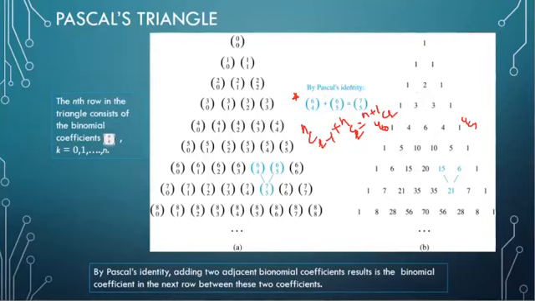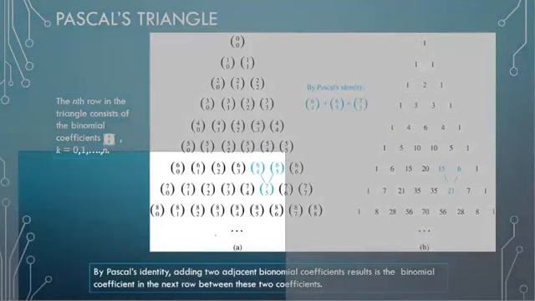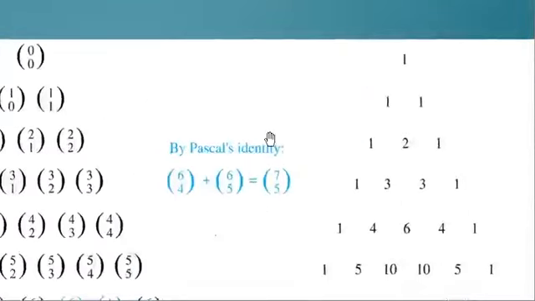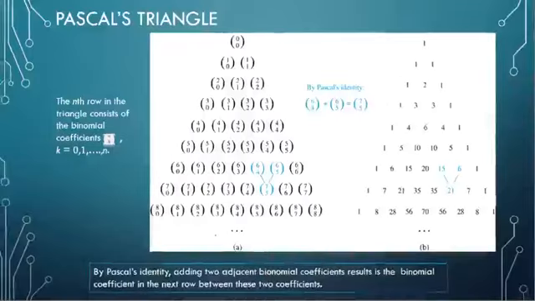Let's see that. If you take this example, it shows that 6C4 plus 6C5 is equal to 7C5.